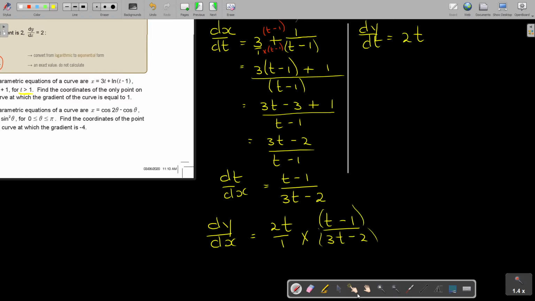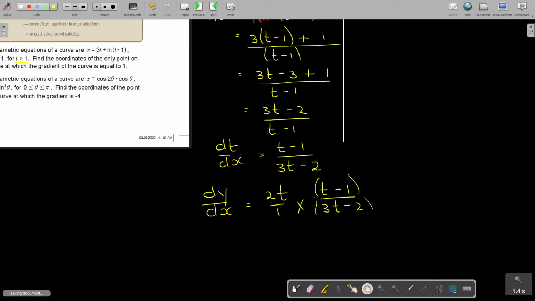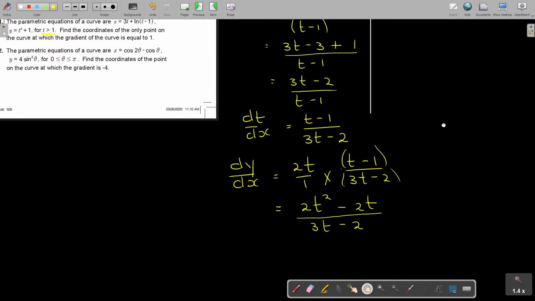Let's just do that. Equals, and then that will be 2t squared minus 2t over 3t minus 2.